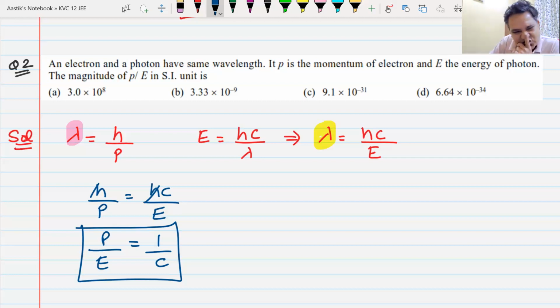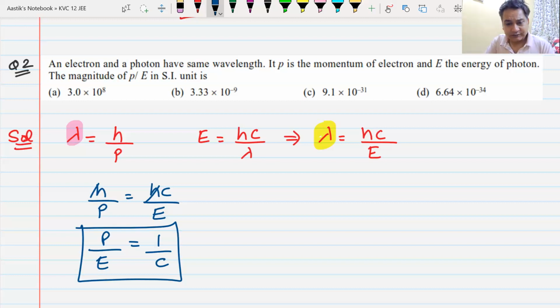Will you be able to do this or not? I don't think you will be able to do this because I have not told you something. Okay, you can't do this. So probably in the next class, I'll tell you about matter waves, and then we will move ahead for this type of questions.